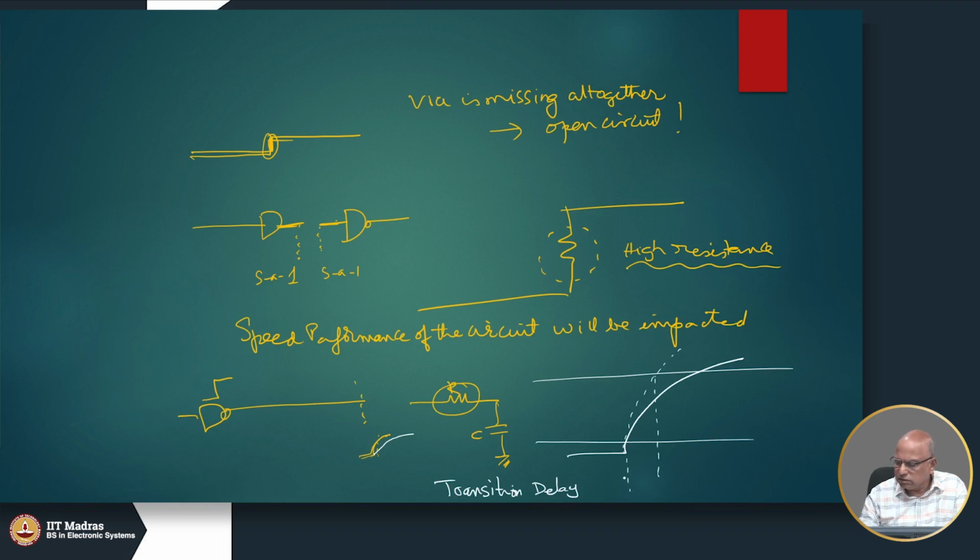That means when the VIA is good. But this is the delay when the VIA is bad. So the delay got increased. So the VIA which is badly formed results in a higher delay.